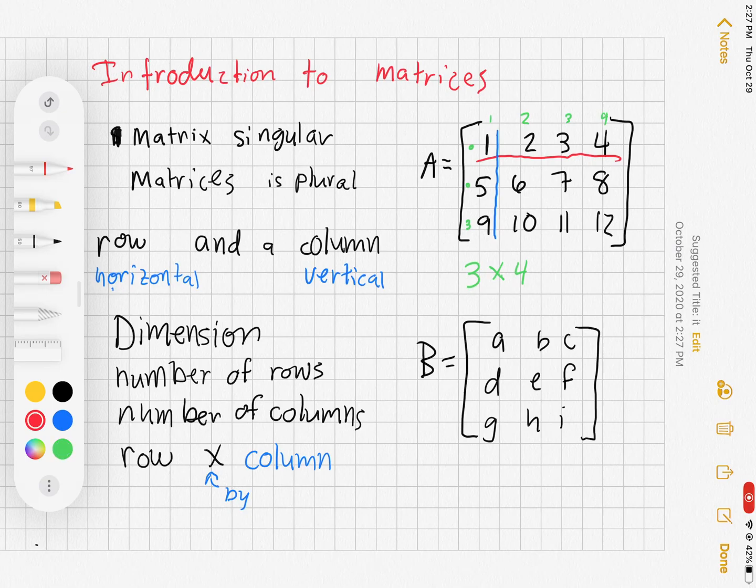Similarly, B has 1 row, 2 rows, 3 rows by 1 column, 2 columns, 3 columns.